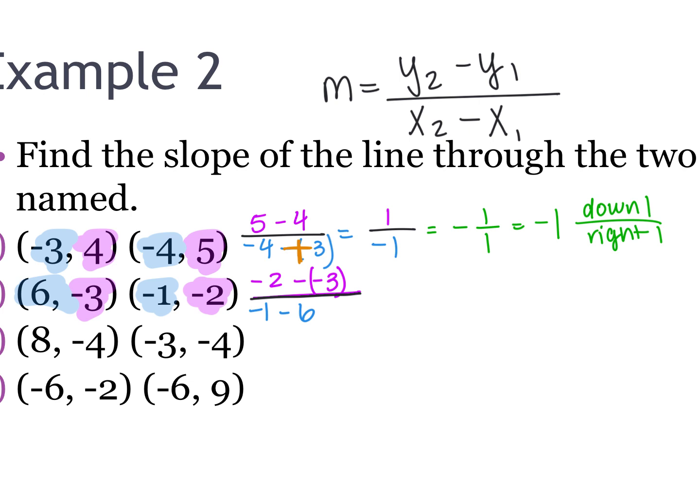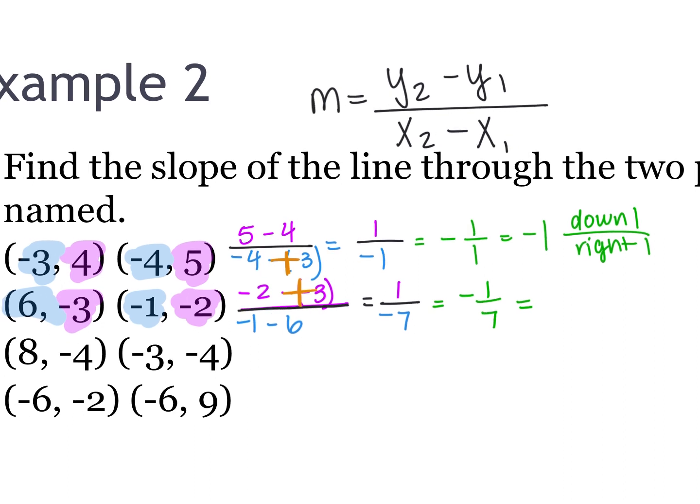This is going to change to a plus sign too. What's negative 2 plus 3? 1. I'm going to have 1. What's negative 1 minus 6? Negative 7. So my slope is going to be negative 1 over 7. So I'm going down 1, to the right 7. All right, going to the next one.